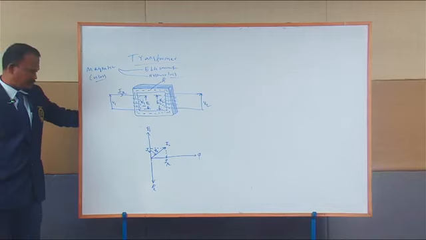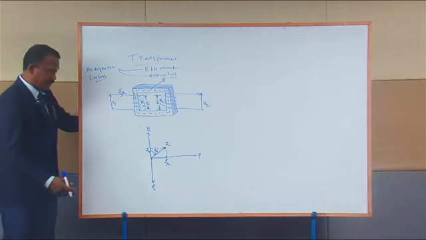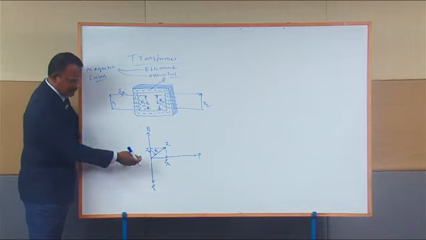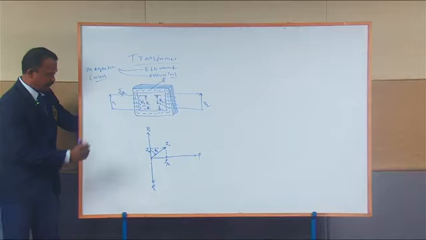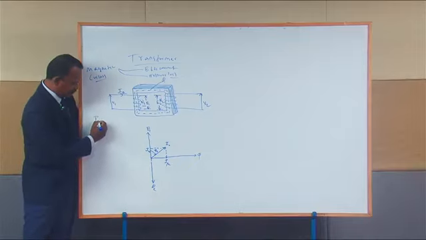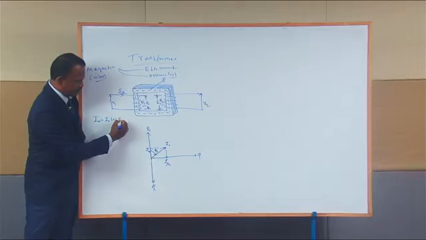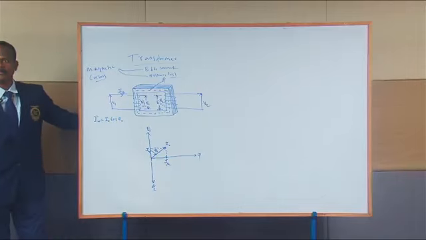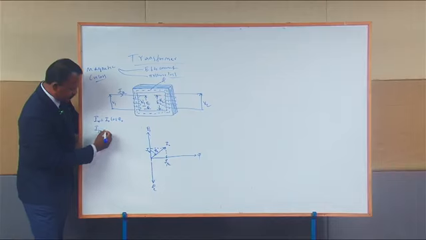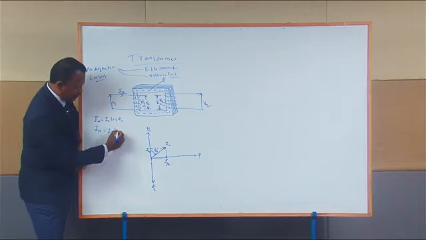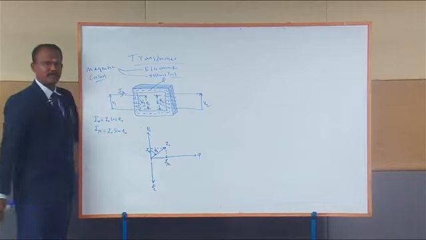So this is very clear. This is your IW, this is your I mu, and this angle is phi naught. Then I can write IW is equal to I naught into cos phi naught, and your magnetizing component I mu is equal to I naught into sin phi naught.